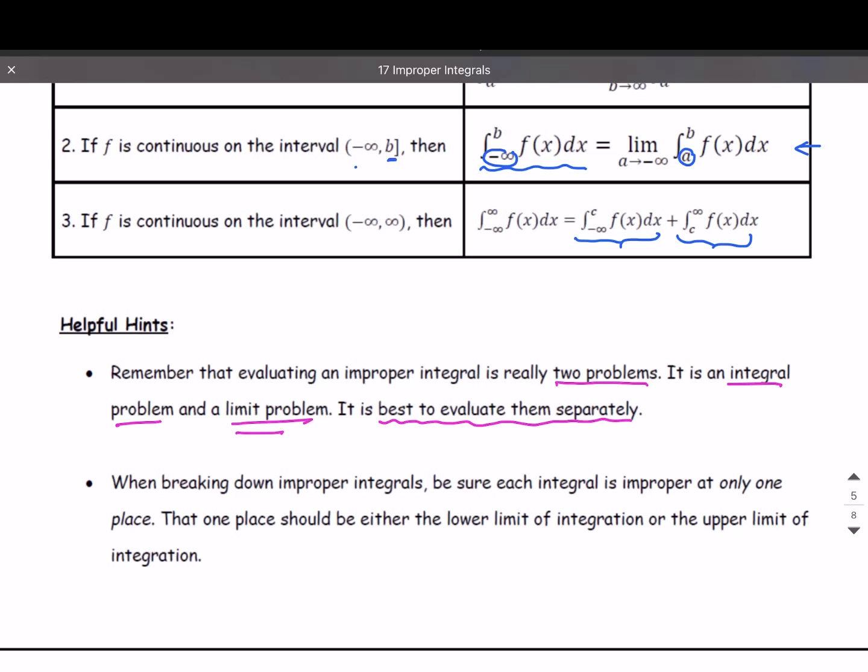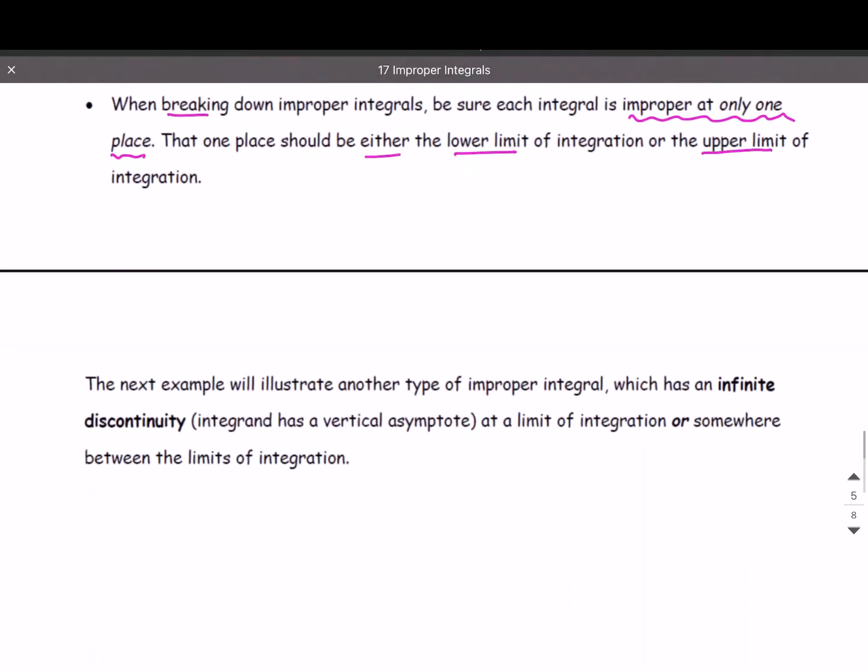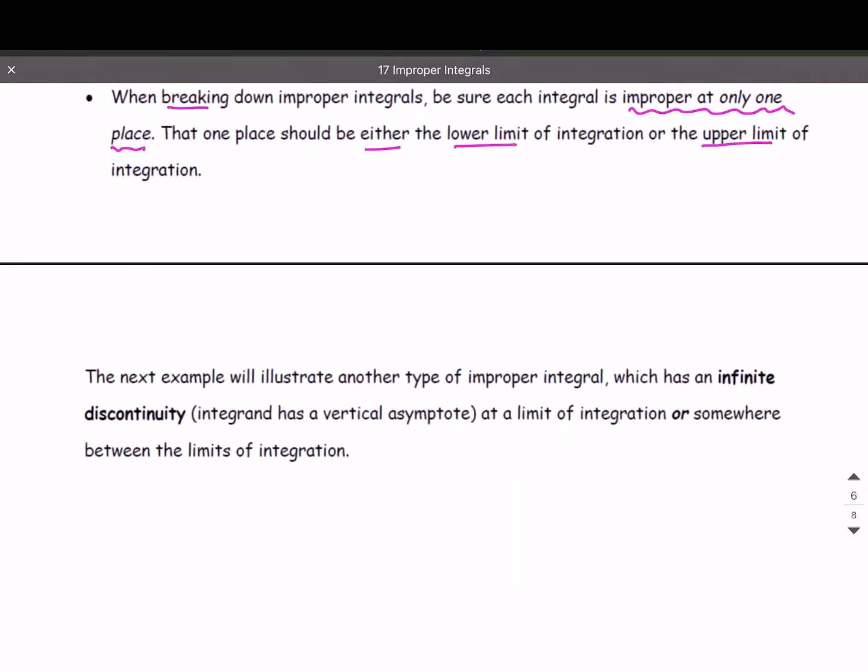It's up to you. The other thing is when you're breaking down your improper integrals, be sure that each integral is improper at only one place. And that one place should be either the lower limit of integration or the upper limit of integration.